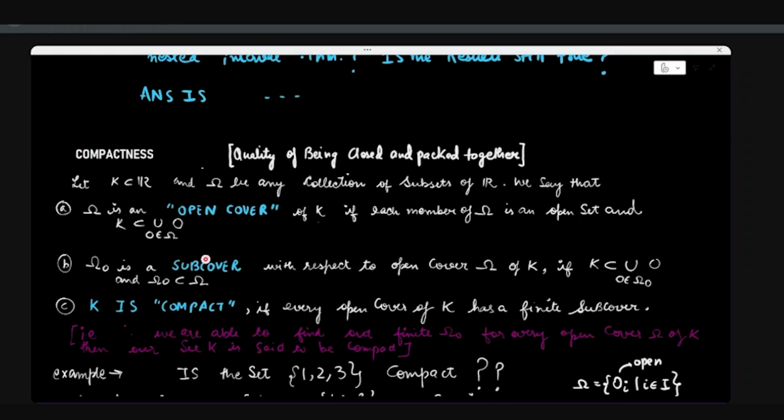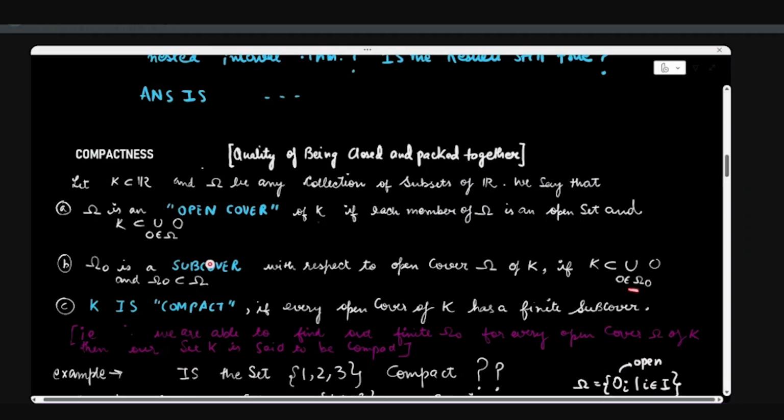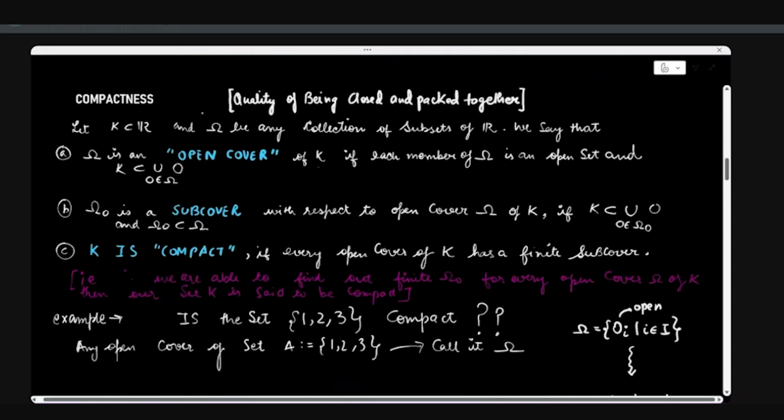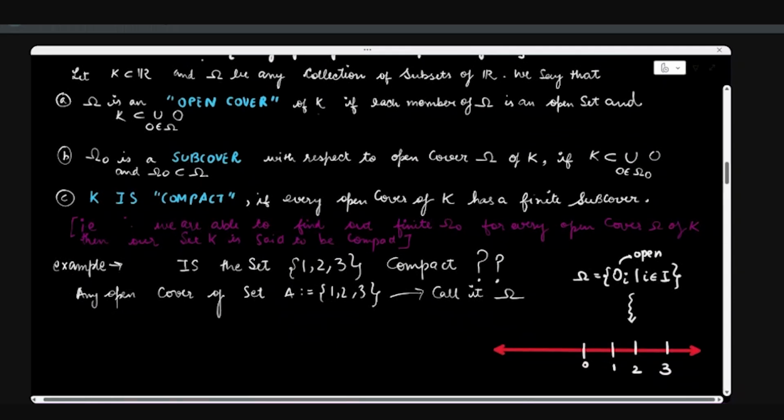And now the definition of a subcover. Omega naught is said to be a subcover with respect to the open cover omega of K if K is a subset of the union of open sets from omega naught. This means we can have any subset omega naught of omega, and if K is covered by the union of open sets from omega naught, then omega naught is a subcover with respect to the open cover omega.